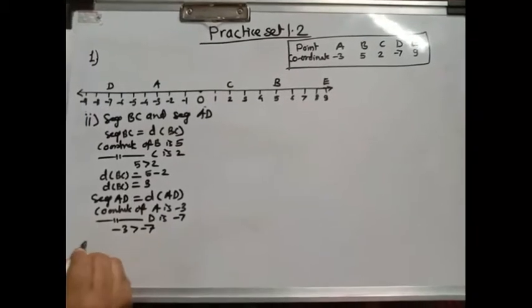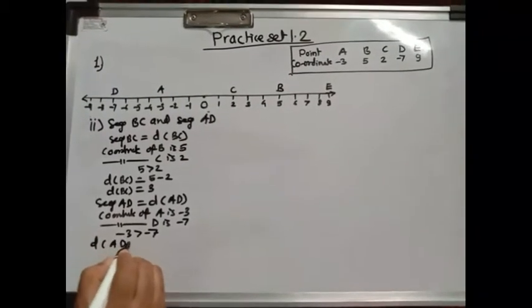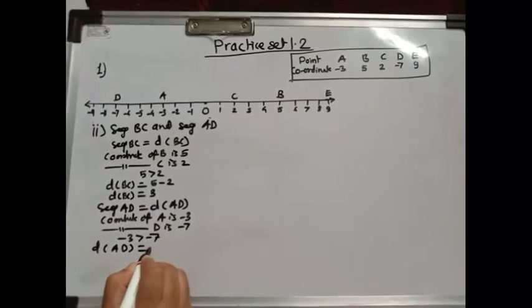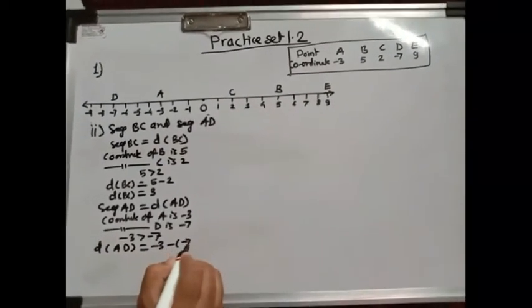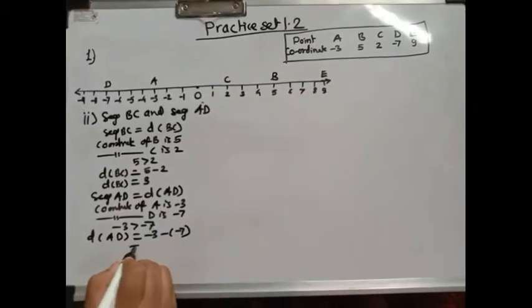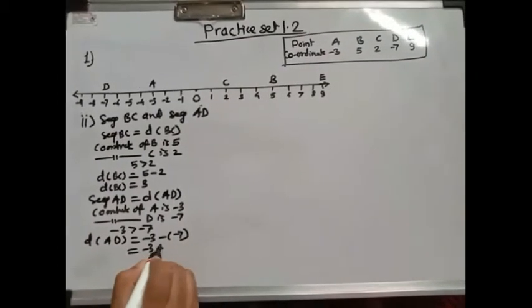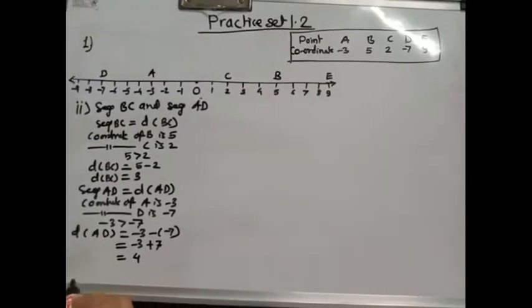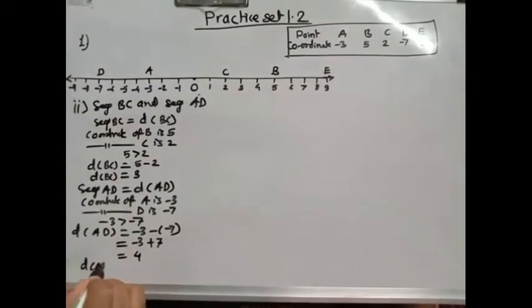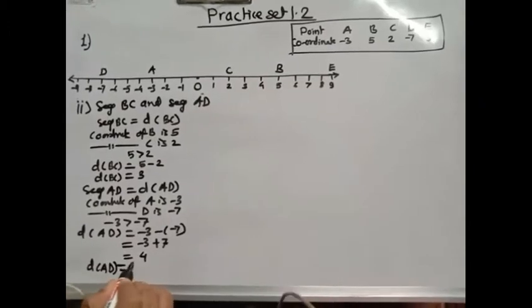So put the values in: distance of AD is equal to -3 minus -7. Minus 3 minus a minus 7 gives plus 7, so -3 plus 7 is 4. So the distance of AD is equal to 4.